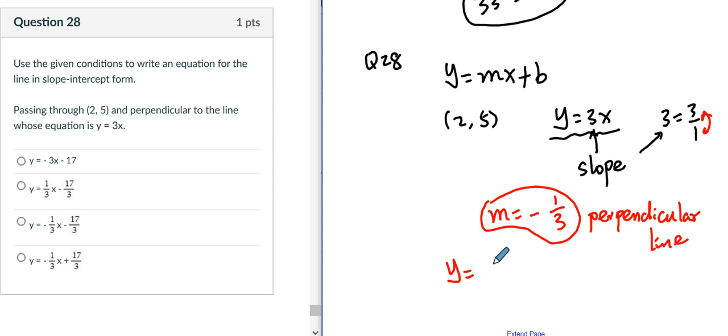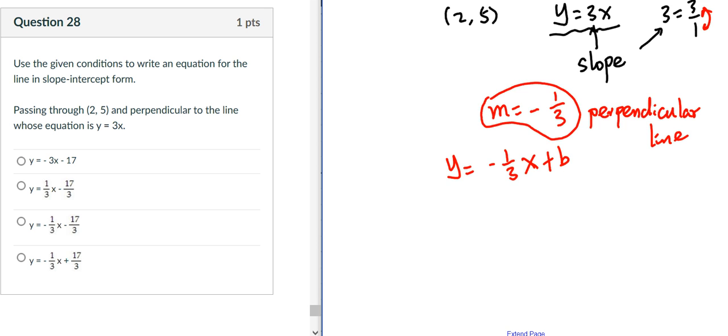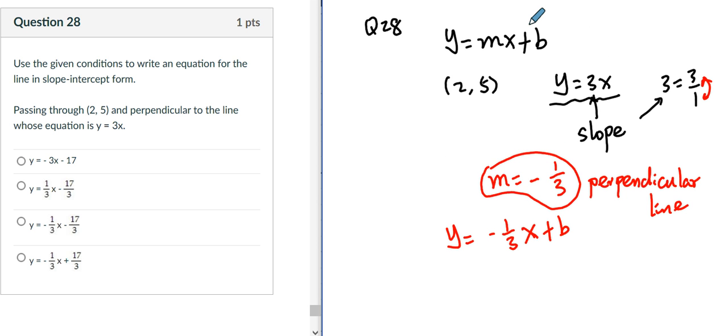Very nice. So negative 1/3 x plus b. One more time, we need b. We have here when x is 2, y is 5, because the line goes through this point.